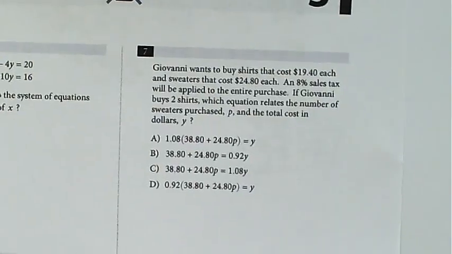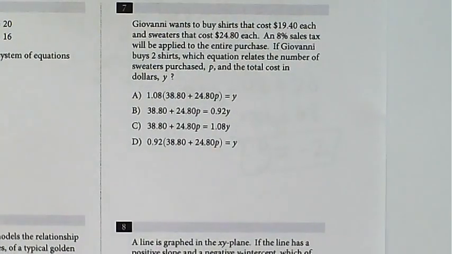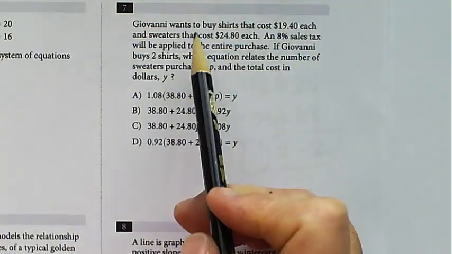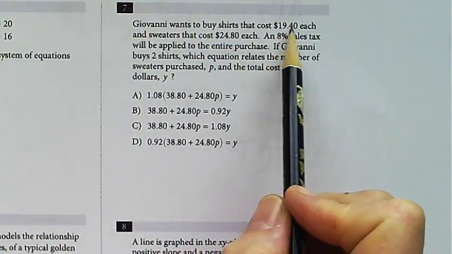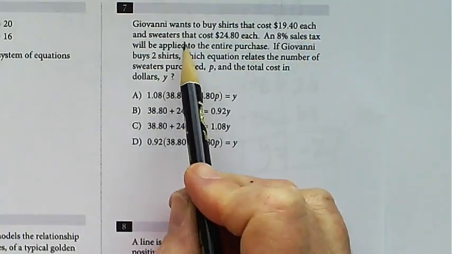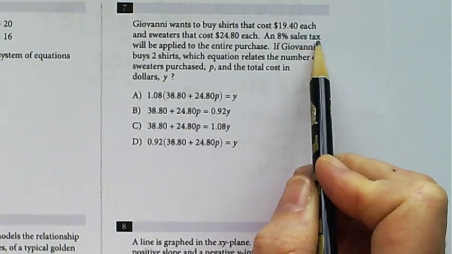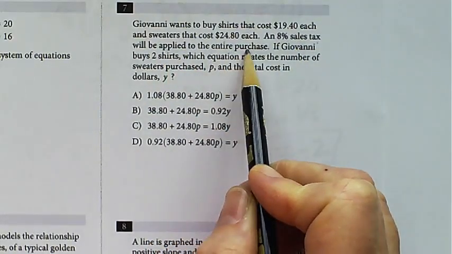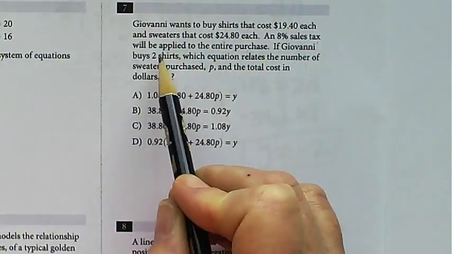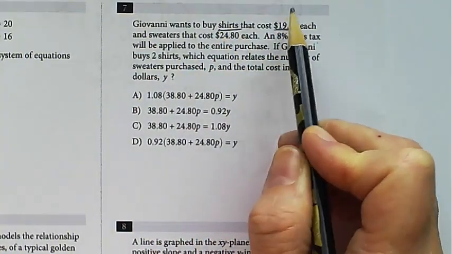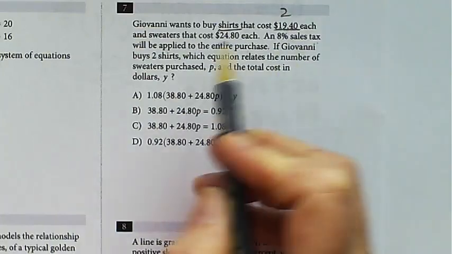Okay, number 7. I hope you're finding that you actually do know how to do a lot of these questions. Just the time pressure is a lot. It is tough. Giovanni wants to buy shirts that cost $19.40 each, sweaters that cost $24.80. An 8% sales tax will be applied to the entire purchase. If he buys 2 shirts, my shirts are $19.40, so he's getting 2 of those.